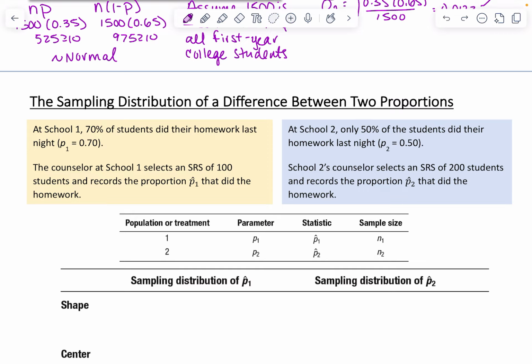So what are we going to do with this? Just like we did in chapter 6 when we did things like Andy minus Bob or Margie minus Bill, we're going to combine the two distributions together. And just like before, we needed both distributions to be normal for us to use normal CDF. Same thing here.